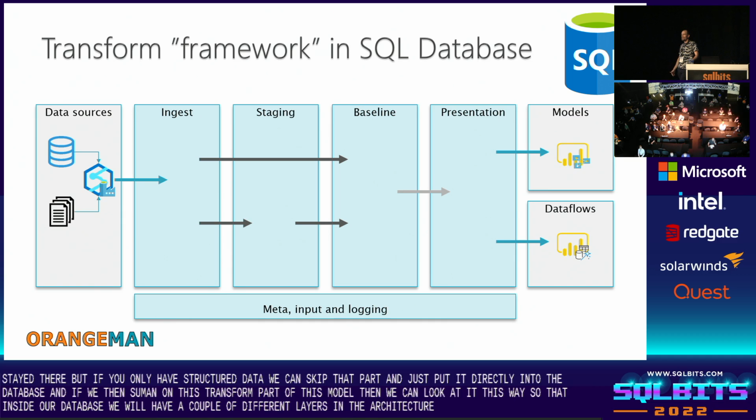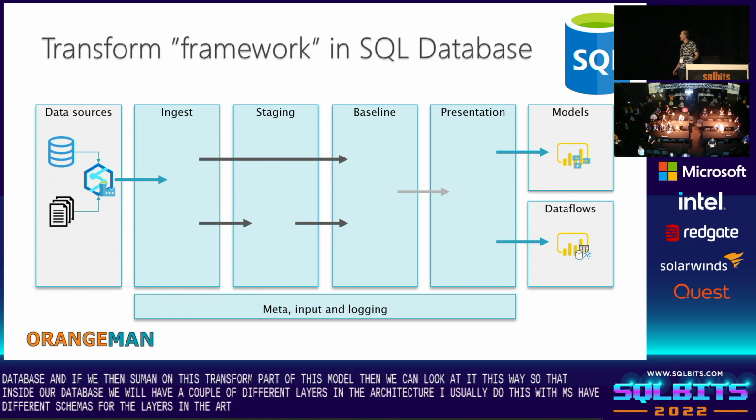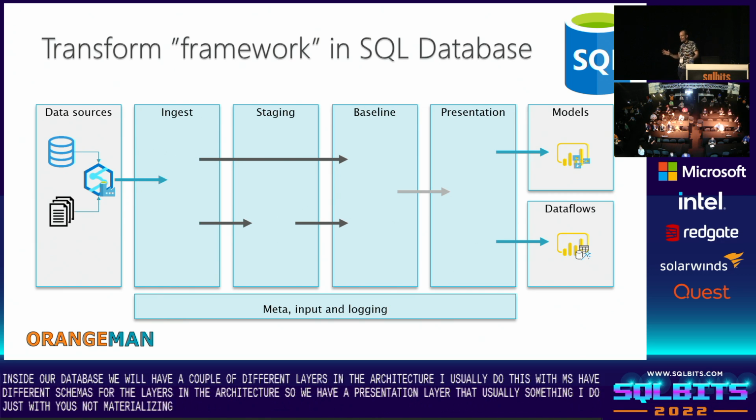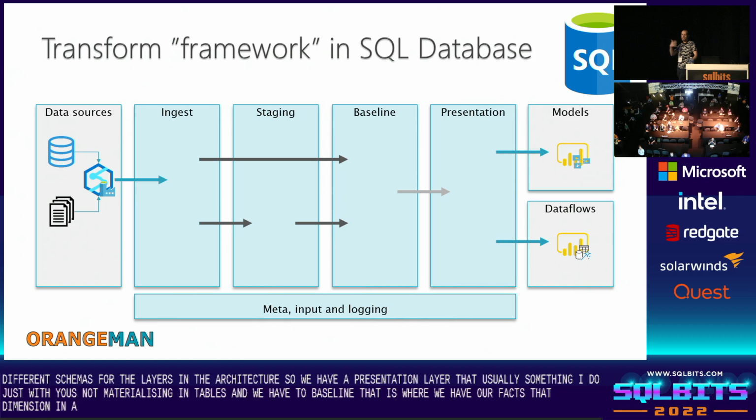I usually do this with schemas, having different schemas for the layers in the architecture. So we have a presentation layer. That's usually something I do just with views, not materializing in tables. Then we have the baseline. That is where we have our facts and dimensions in a beautiful star schema way, the Kimball way.